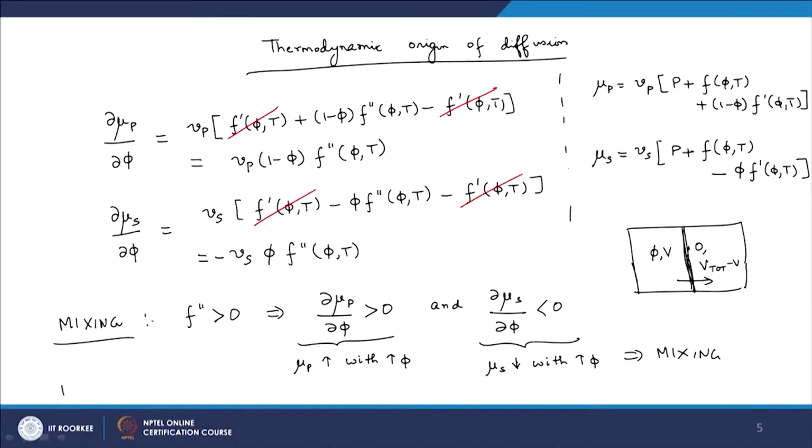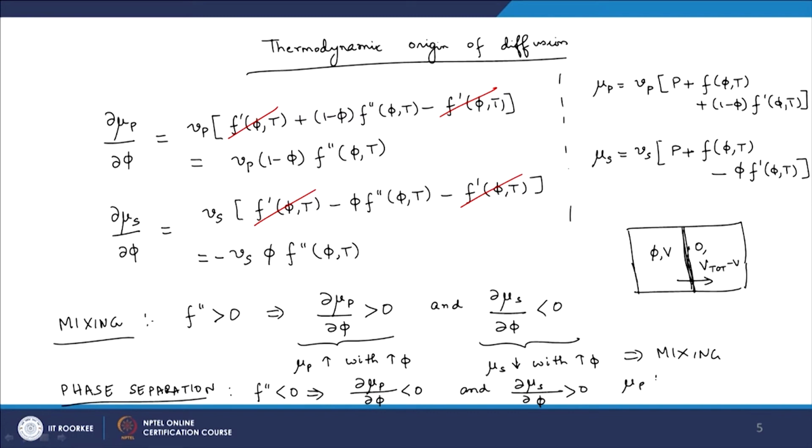Okay. If, on the other hand, we have a phase separation, then f double prime is less than 0, that is when dou mu p by dou phi is less than 0 and dou mu s by dou phi is higher than 0.